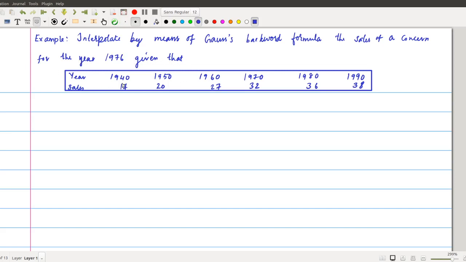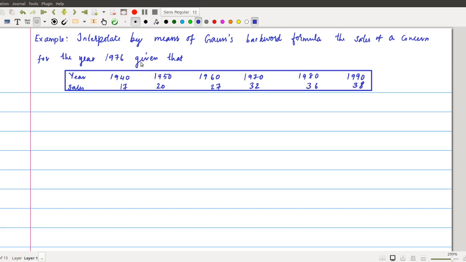Given that these are the values, in 1940 we have 17. These are the rupees in lakhs: 17 lakhs, 20 lakhs, 27 lakhs, etc. Using these values, we need to interpolate the sales for the year 1976.